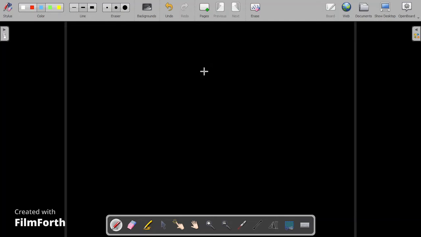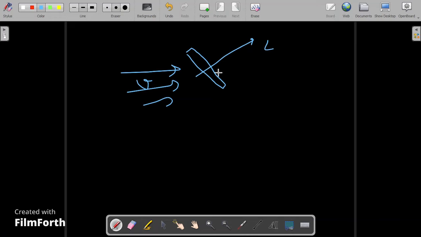I'll just erase it and explain again that if a body is kept at an angle in a fluid, and the fluid is moving with a velocity, there is a force governed by Newton's law of motion which creates a lift moving the slab upward.